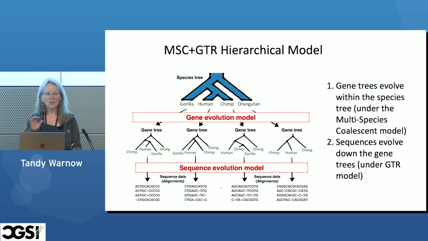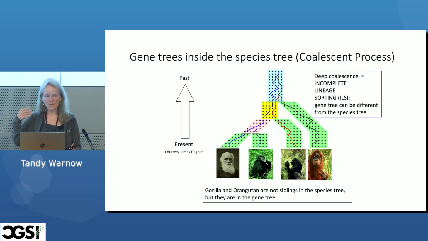So one thing you can do is just concatenate the alignments and run maximum likelihood. It's a very standard technique. It's called concatenation. It's very computationally intensive. Remember avian. So the mathematical model, though, for the multi-species coalescent allows us to prove theorems about methods and get statistically consistent methods.